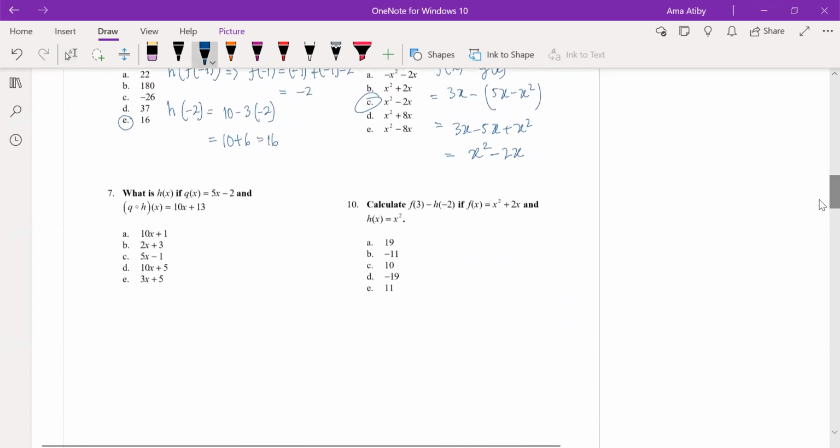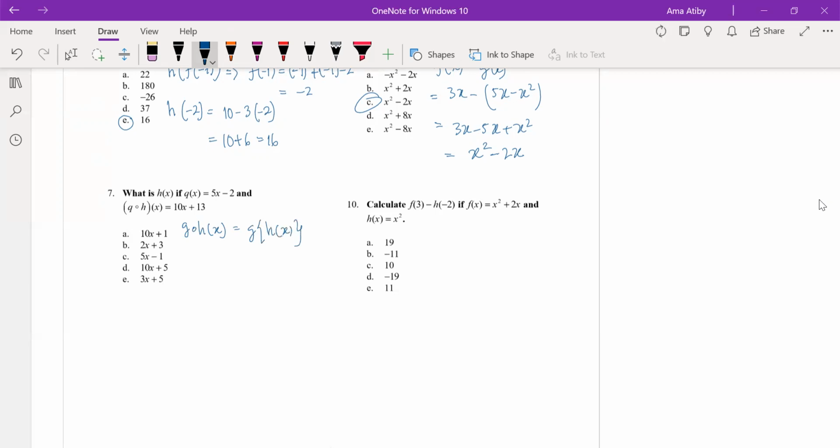So what is h(x) if g(x) equals 5x minus 2 and g of h of x equals 10x plus 13? Let's first write the function g of h of x. It is actually the function of g of h of x.